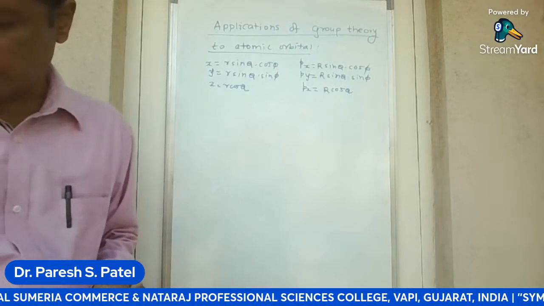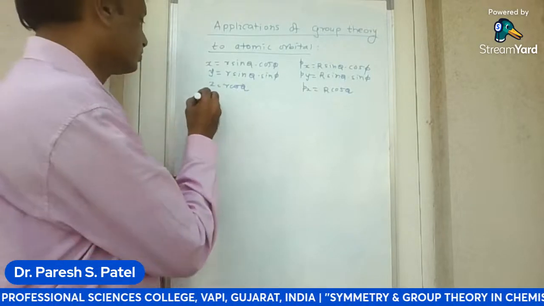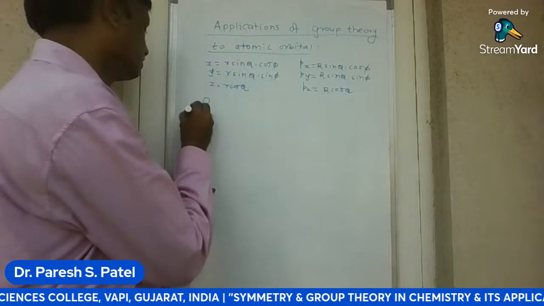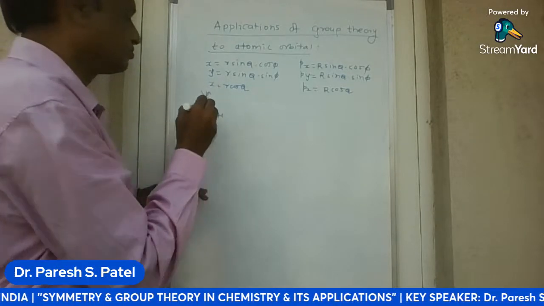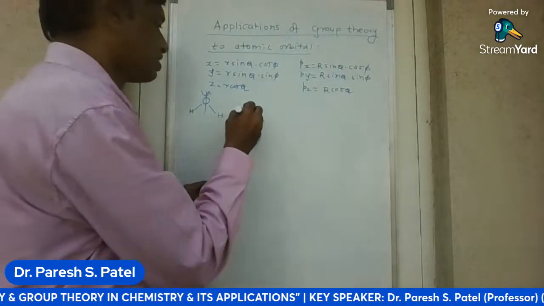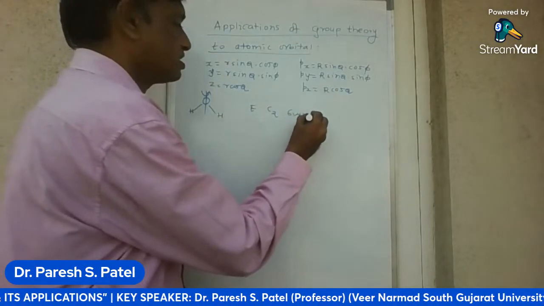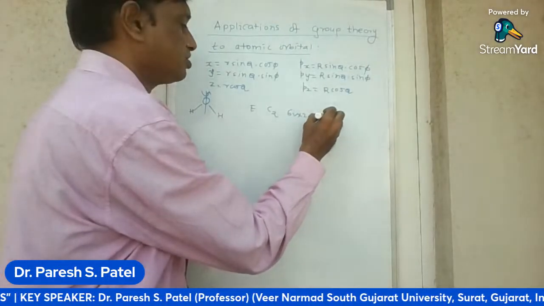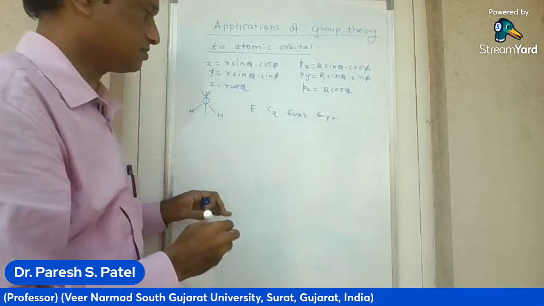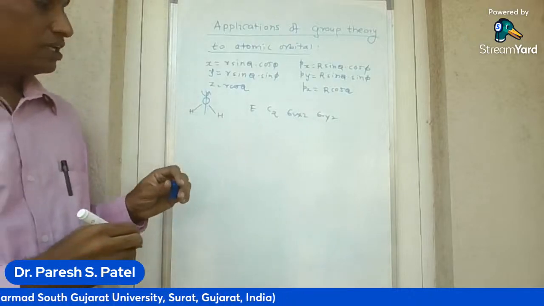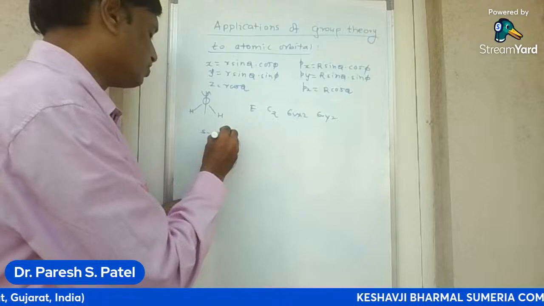So let us start first with the water molecule. Let us consider the water molecule. It consists of E, C2, sigma v xz, sigma v yz symmetry operations. Symmetry elements. Now let us start first with the s orbital contribution.